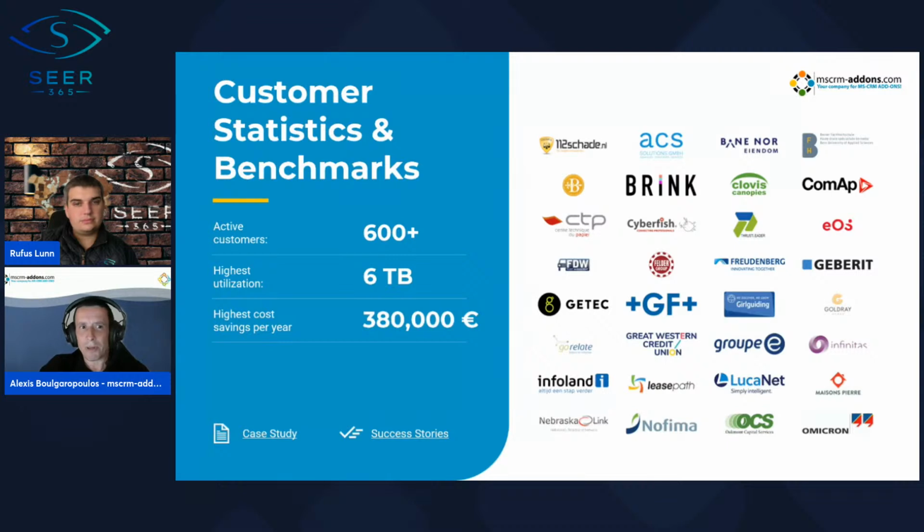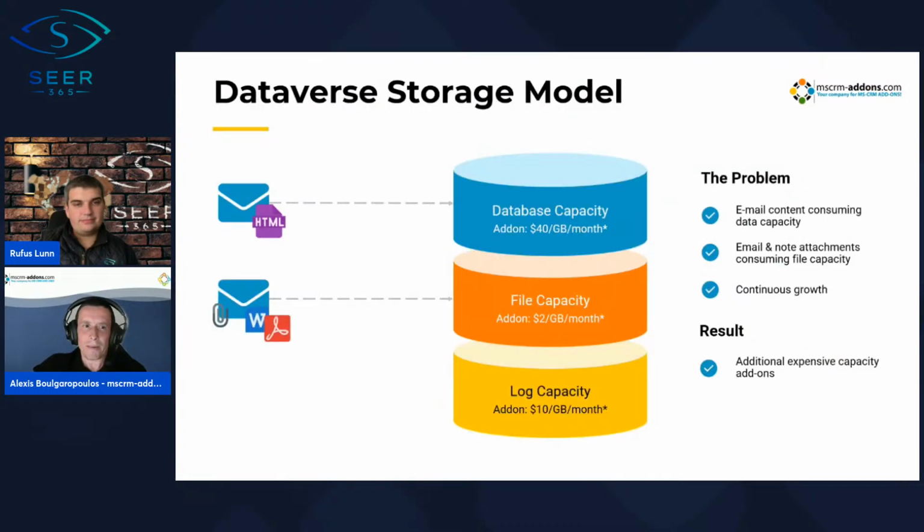And why? Because storage costs in Dynamics 365 are one of those issues that many companies underestimate until suddenly it becomes a very big and very expensive problem. If we look at the Dataverse storage model, we have basically three types of storage.